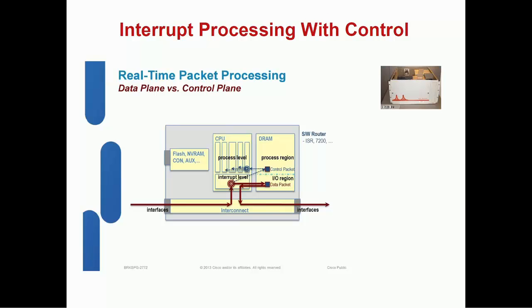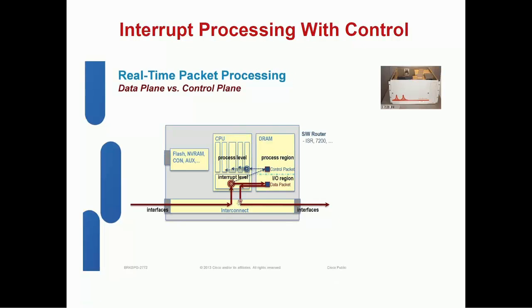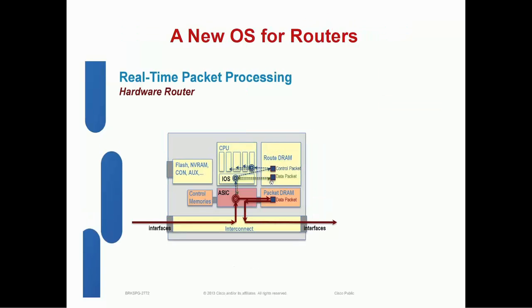Now, the next generation. So, what was the problem there? When I take this out and put it in, the control packets were put here and the IO region was here. Look at this, the data packet was sent to DRAM, there was no problem.